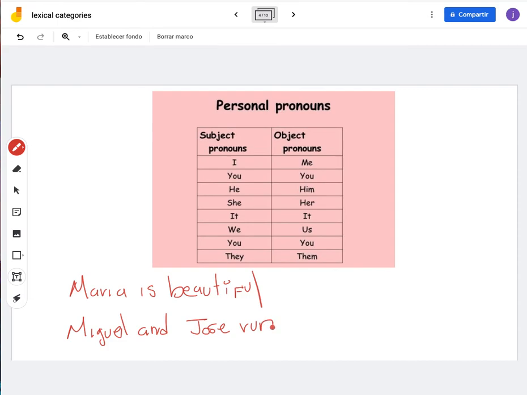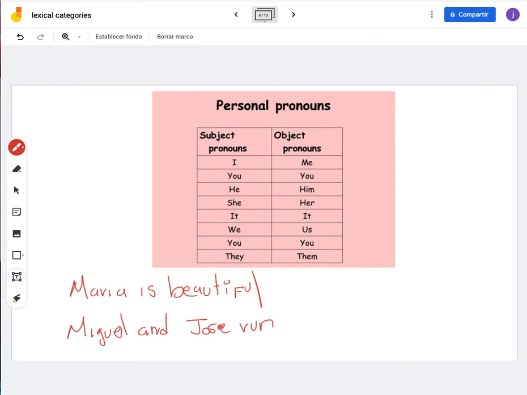So now we are going to identify the subject in these sentences. First, what is the subject? The subject is the part of a sentence that contains the person or thing performing the action in a sentence. Now we can identify the subject in these sentences.